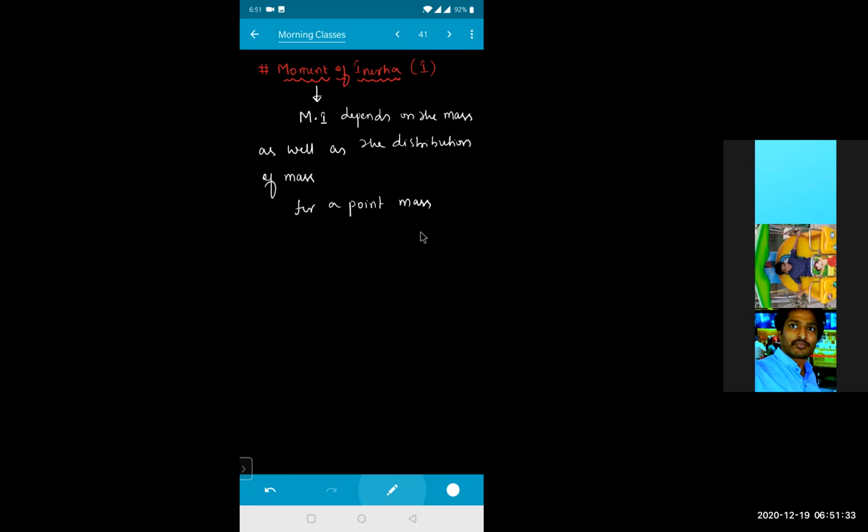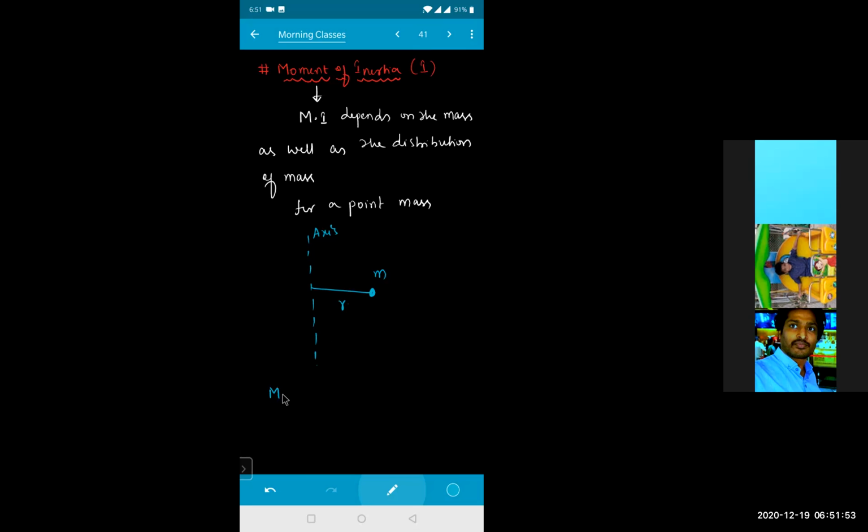Like for example, for a point mass, suppose this is the axis of rotation, like the axis of a fan. Suppose this particle is at this distance from the axis. This is a particle of mass m and this is your r.